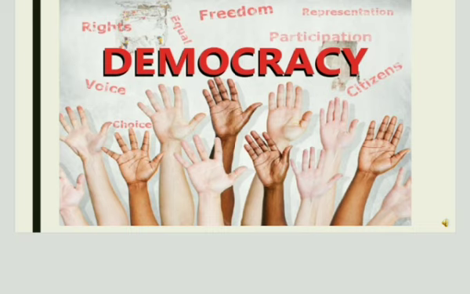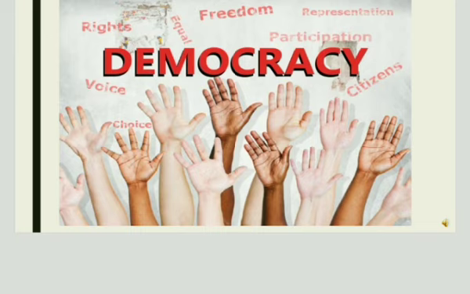If we discuss India's democratic setup, in a democratic government there are many facilities to be given to the people. Like, all the citizens of India in a democratic government have their own fundamental rights.